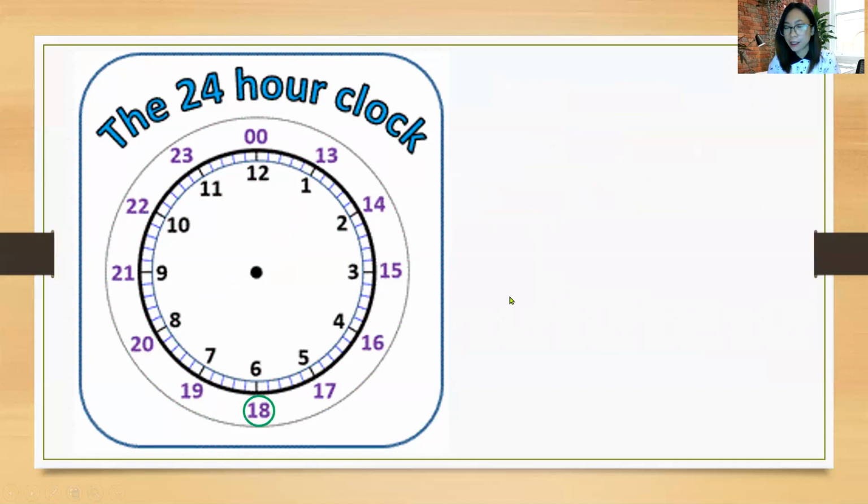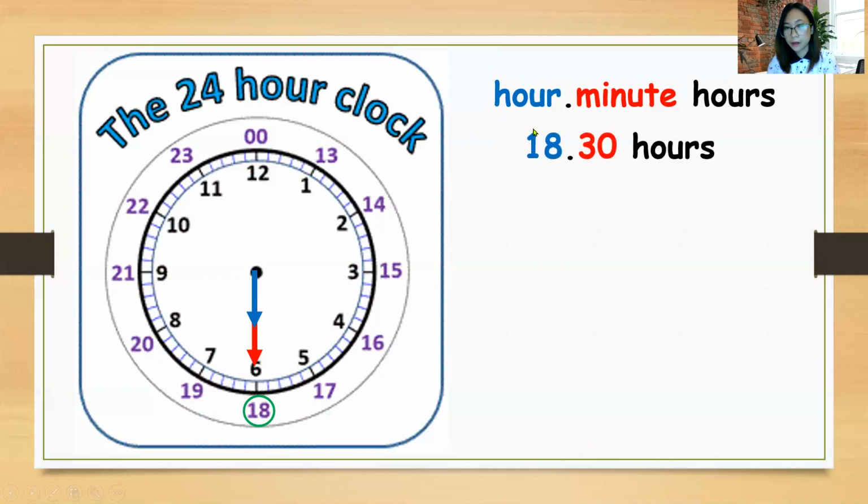Let's have another example. The number circled is 18. The hour hand is pointing to 18. And also, the minute hand is pointing to the same direction. Let's have our format, hour, minute, hours.